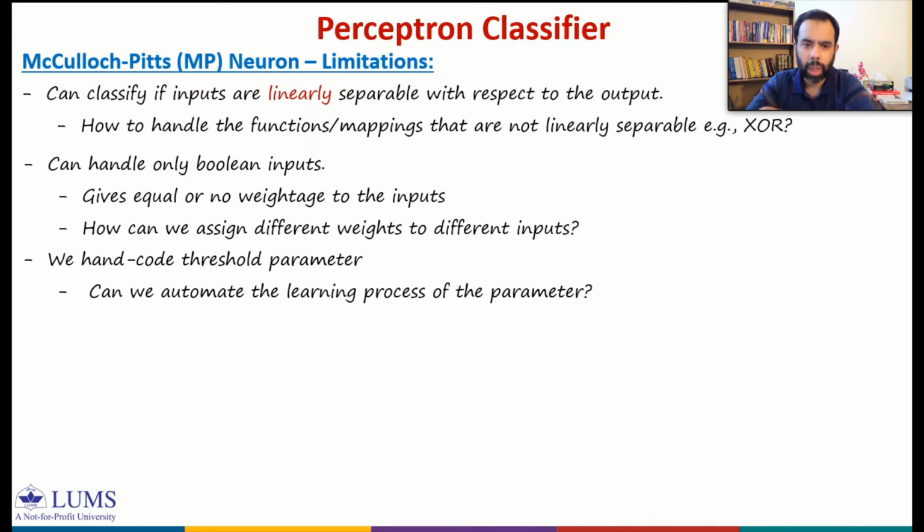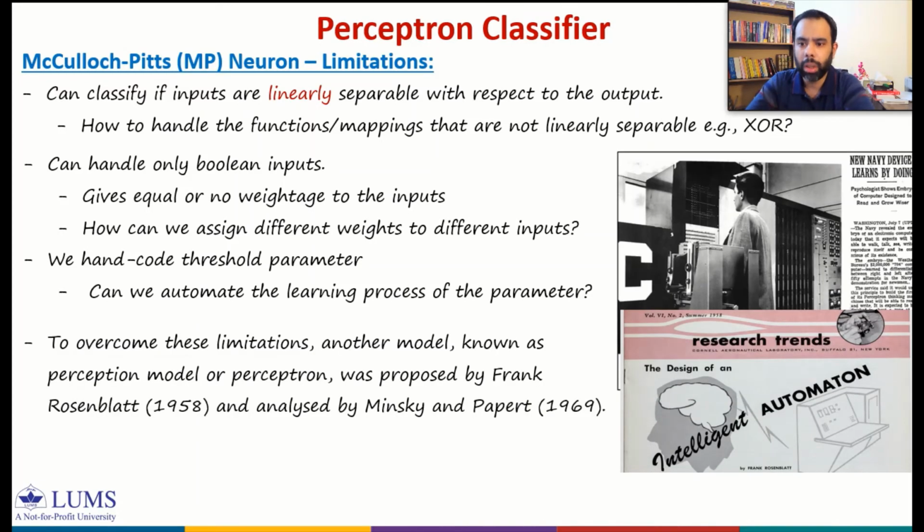To overcome these limitations, another model known as the perceptron model, or Perceptron for short, was proposed by Rosenblatt in 1958. In fact, Rosenblatt developed a machine that could classify letters and alphabets.